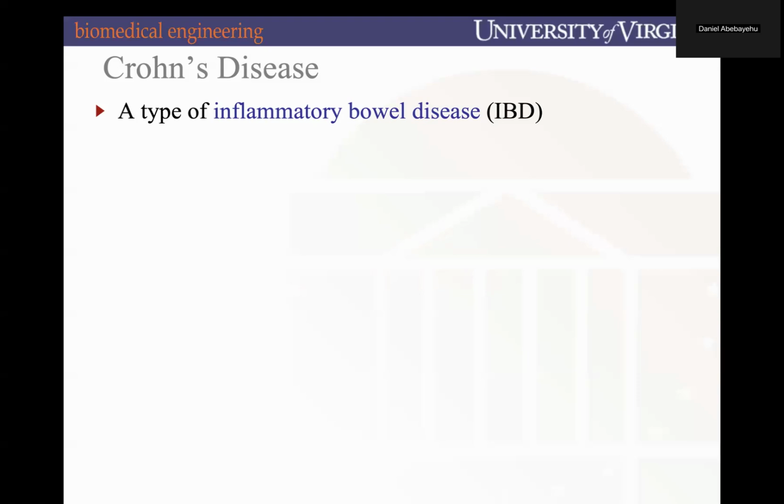So there's a few key differences between ulcerative colitis and Crohn's disease. Crohn's disease affects the entire GI tract, whereas ulcerative colitis is typically restricted to the colon. There's going to be lesions that typically emerge within both of them, but those lesions are slightly different. In ulcerative colitis, just the mucosal superficial layer is affected, whereas with Crohn's disease, it can be across the entire wall of the GI tract.